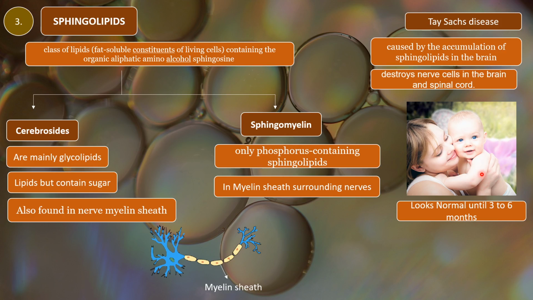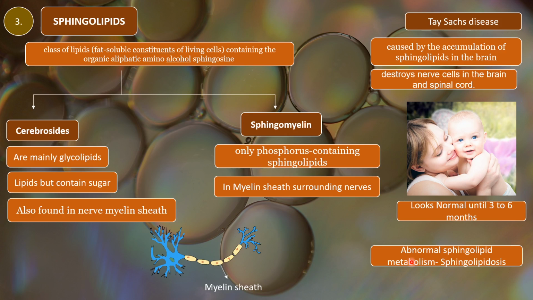They will not have a healthy growth like other infants, and they can be easily identified as an infant which does not have proper growth, right? They only have normal growth up until 3 to 6 months, and ultimately they have nerve cell damage, and the spinal cord also gets damaged, and they have a very fast death also, right? So this is Tay-Sachs disease.